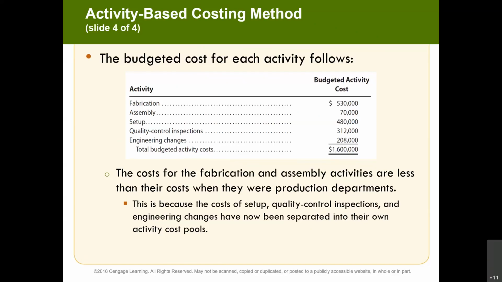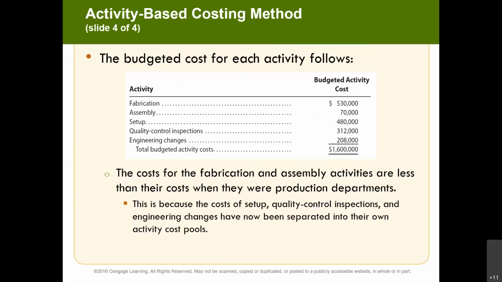So the cost for the fabrication and assembly activities are less than the cost of when they're in production departments. In other words, with respect to activity-based costing, this is like looking at things from a very granular perspective. This is a very, very detailed level, right?